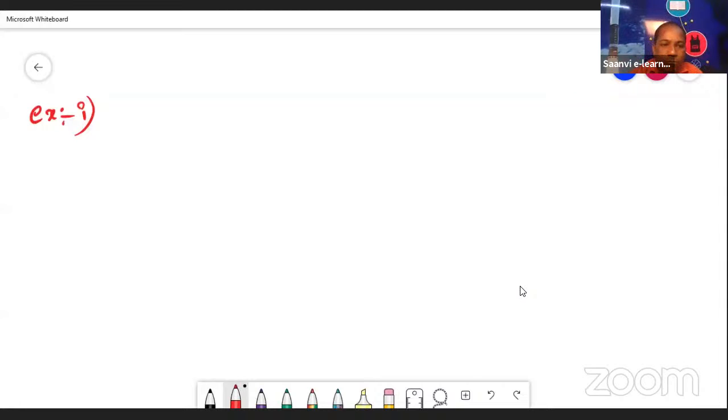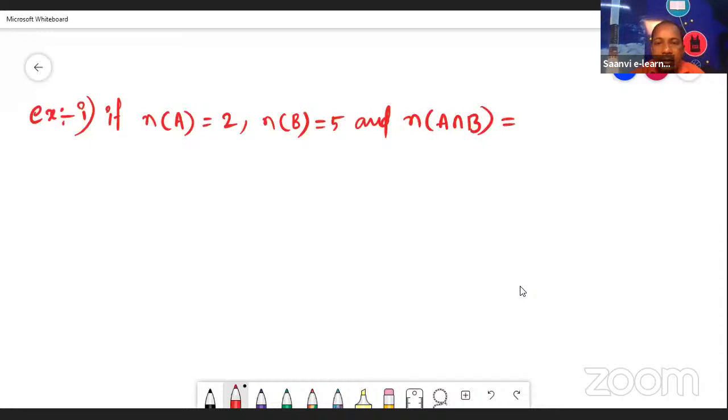If n of A is equal to 2, n of B is equal to 5, and n of A intersection B is equal to 4, find n of A union B. So this is the question given.